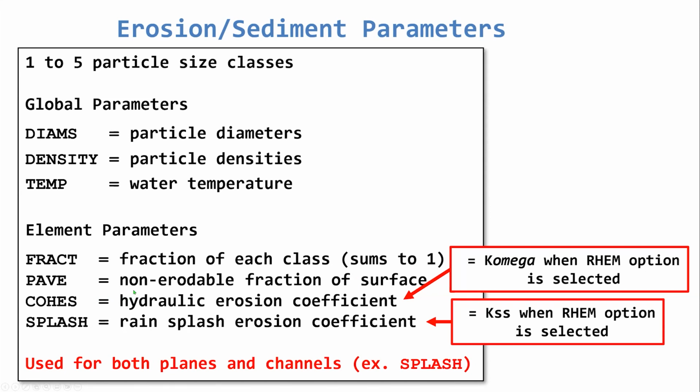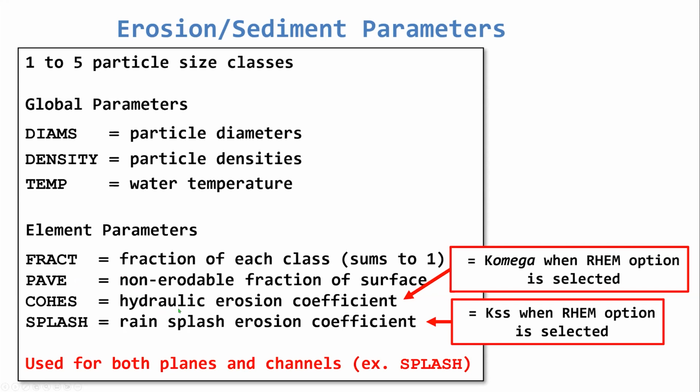PAVE is a fraction, not a percentage, of non-erodible surface. So if you've got rock or erosion pavement or concrete or something that is not going to erode, this is where you specify that.